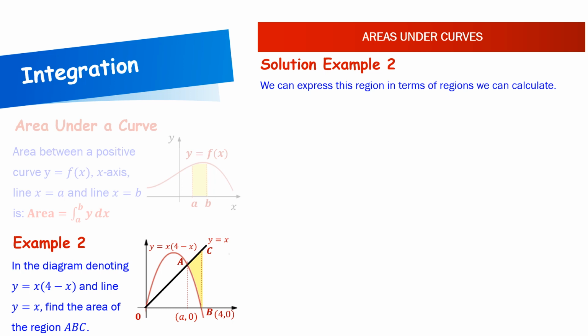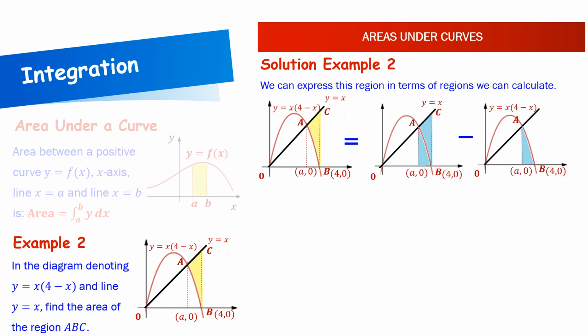Now, we can express this region in terms of regions we can calculate. So here's the region we're looking for, shaded in yellow. This is equal to this blue shaded region below the straight line minus the blue shaded region below the curve, as shown in these two diagrams.